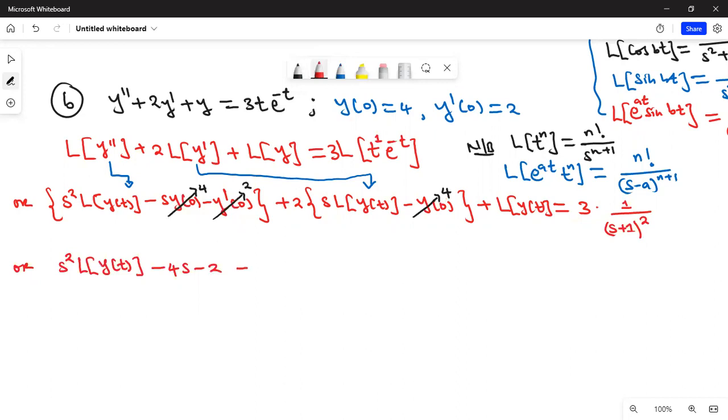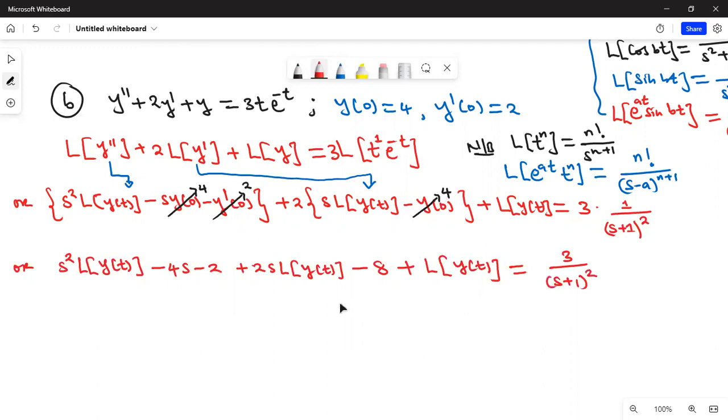Then I can see, not minus, that's a plus 2s Laplace transform of y of t. Remember, I'm opening the bracket. Then minus, of course, here we have 2 times -4. That should be -8, plus the Laplace transform of y of t should give us 3 over s plus 1 squared.